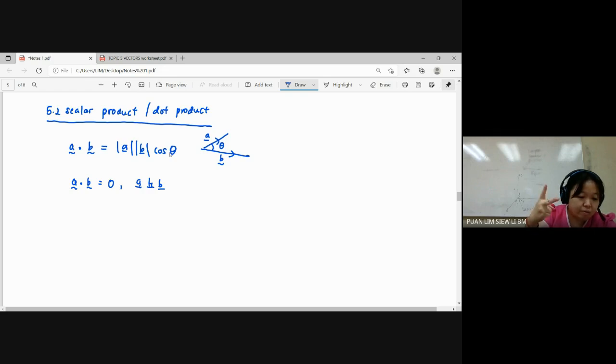So vector A, vector B, when you open to 90 degrees, you get 0. Because of what? cos 90 degree is 0. So magnitude A, magnitude B times 0, so you know that A dot B you get 0.